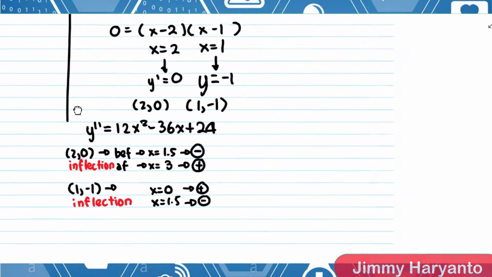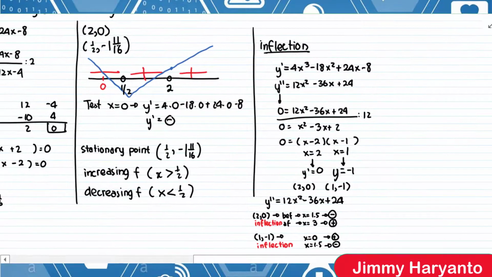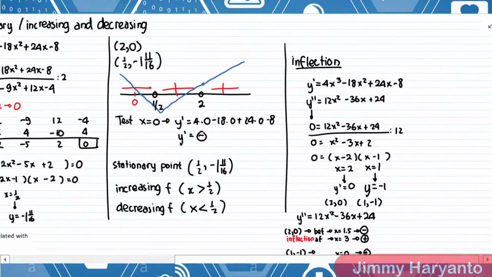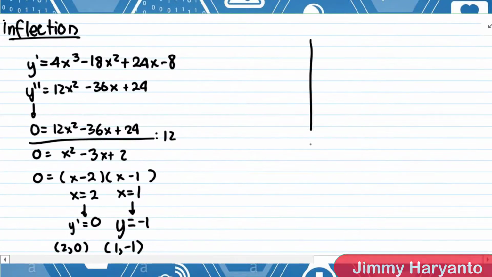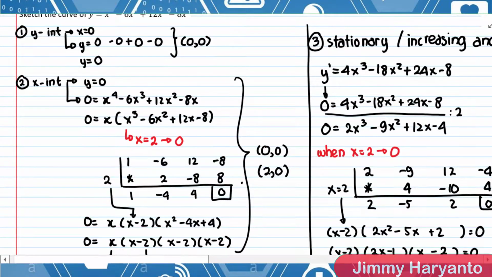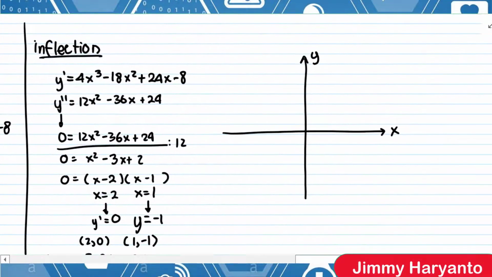And how to draw it, we already finished the preparation. Yeah, it's a lot, I know. Then the next thing will be to sketch y and x. Okay, so first is the x-intercept and y-intercept, (0, 0) and (2, 0).